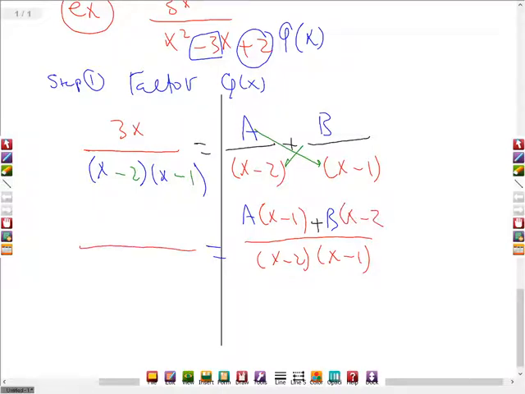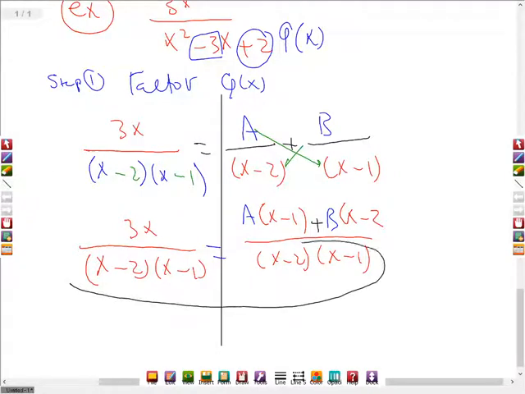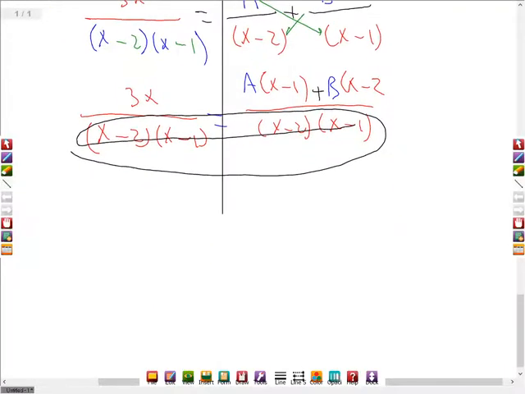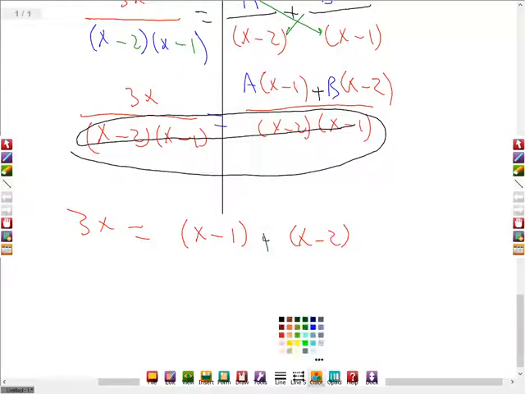The denominators on both sides are the same, so they cancel each other. Then what is left? 3x equals A times x minus 1, plus B times x minus 2.